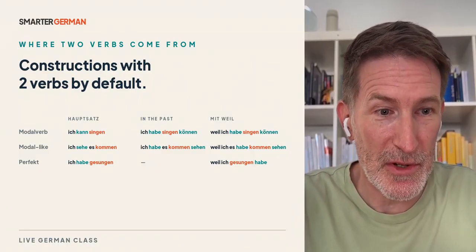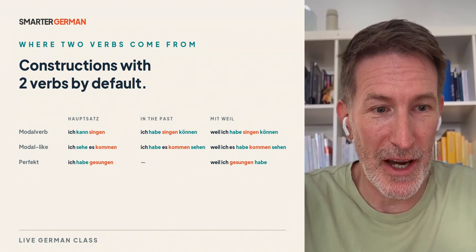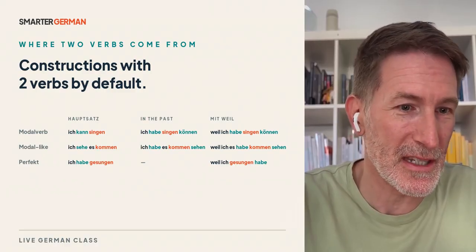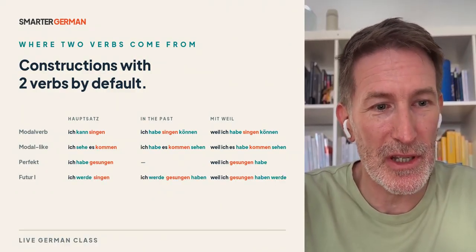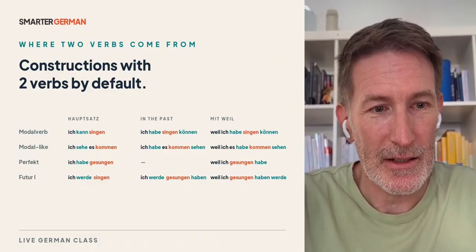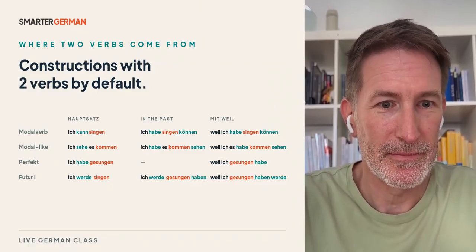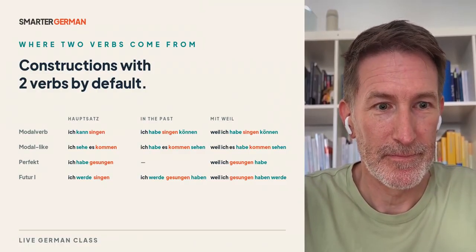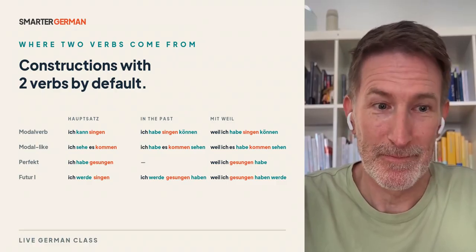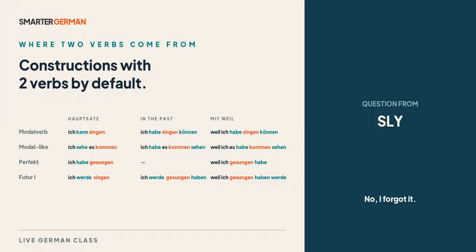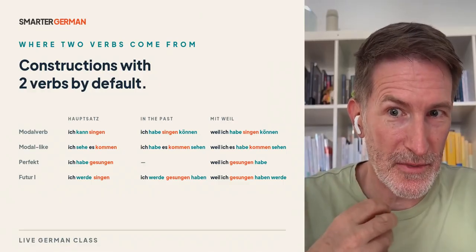So, ich habe gesungen, and of course the same is ich bin gefahren, which is the perfect with sein. So C and D are the same. Future one, then you have ich werde gefragt. What is that? Anyone? Partizip 1? No. Gefragt is still the participle 2, it has the GE. Translate it and see what it is.